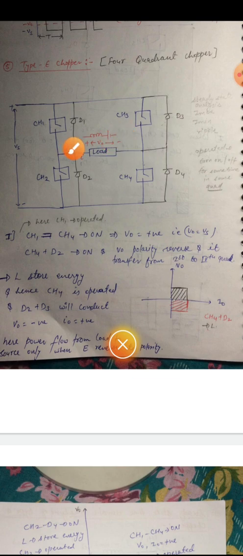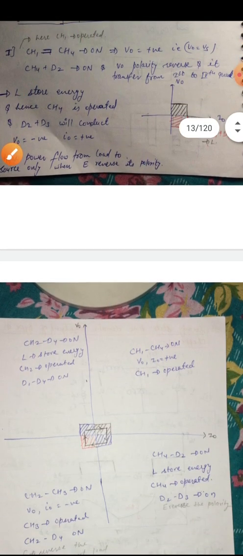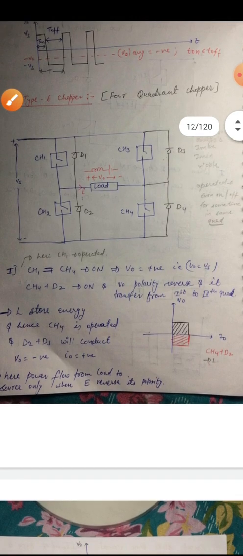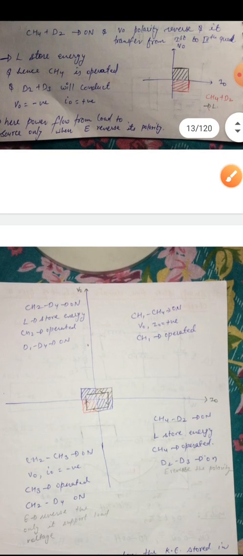So plus over here, minus over here, it will get discharged through D3 and D2, moving through the voltage source. So current is again positive and V naught is negative, so it falls in the fourth quadrant.